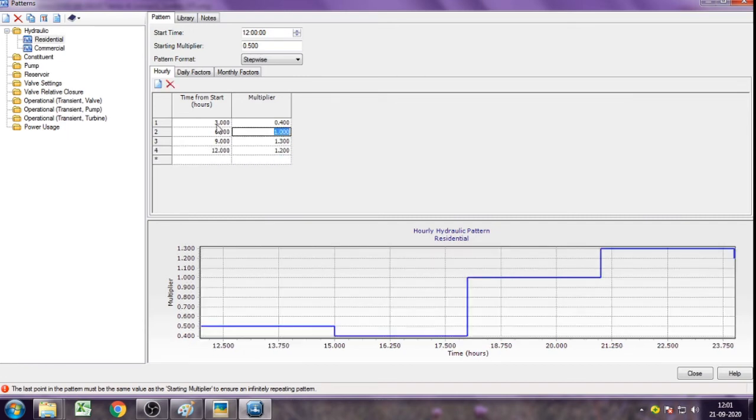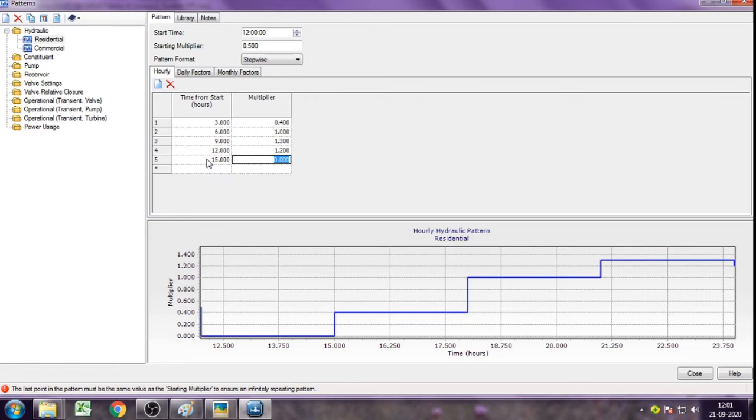So you can see that from here to here the water demand increased, because these are the early morning hours up to morning hours. In the early morning hours we need more water for bathing and for cleaning. So with 1.3 the water demand will increase, and after that the water demand may decrease, so the multiplier has been decreased.